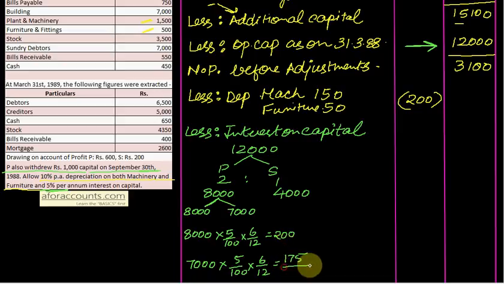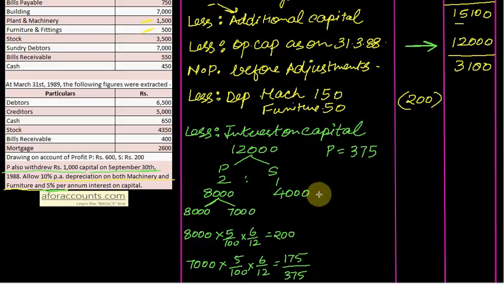So the total interest on P's capital is 200 plus 175, 375 is the interest. So P's interest on capital is 375, which has to be paid.